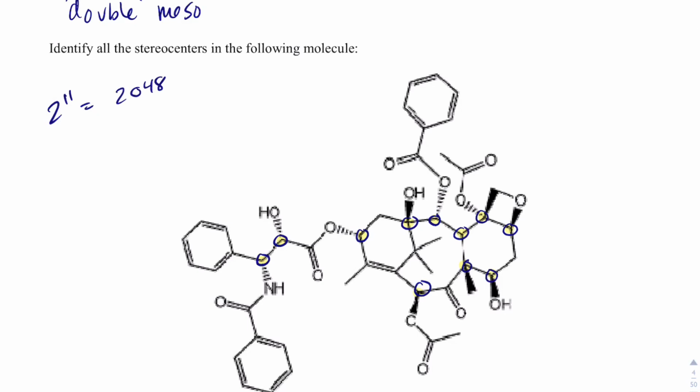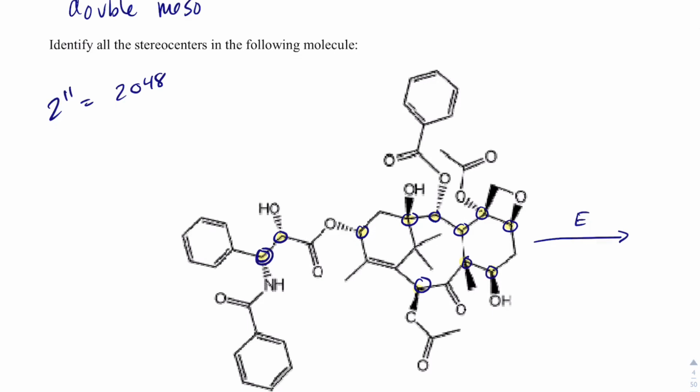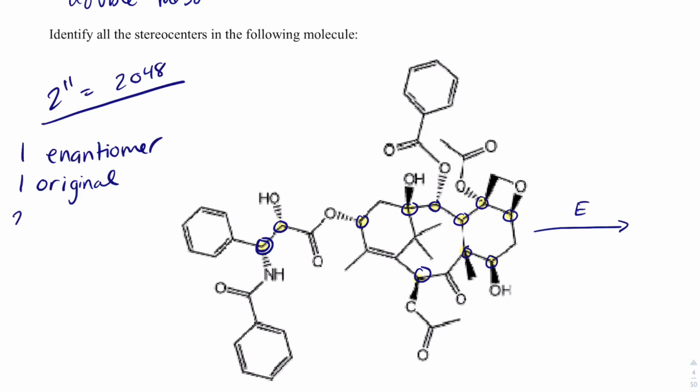That would be by drawing the enantiomer and then drawing the diastereomers. We have lots of different diastereomers here. What's interesting is that with 2 to the 11, we have one enantiomer, because you can only have one mirror image. We have one original compound, and then we have 2048 minus 2, which is 2046 diastereomers. Okay, so that's it for notes 1.